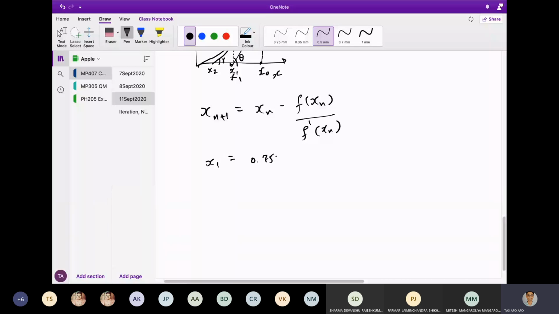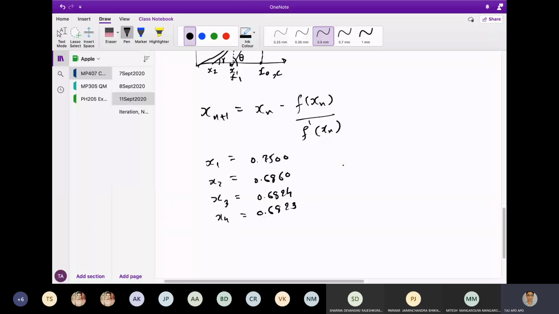I'm just summarizing all the values over here. x2 that you should be expecting is 0.6860. x3 is equal to 0.6824, and x4 equal to 0.6823. All right, and you can go on.